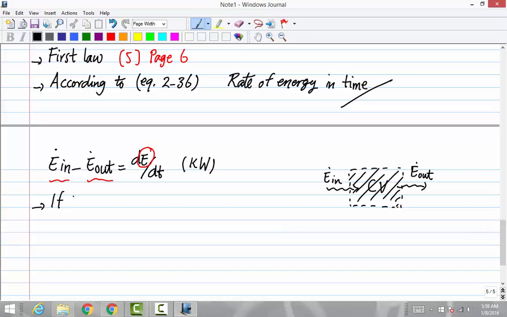If the process is steady in time, then dE over dt equals 0. It's steady, doesn't change anything, right?